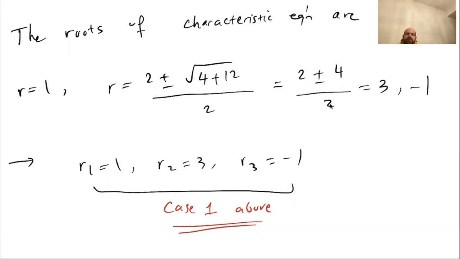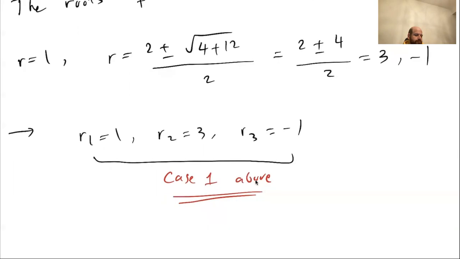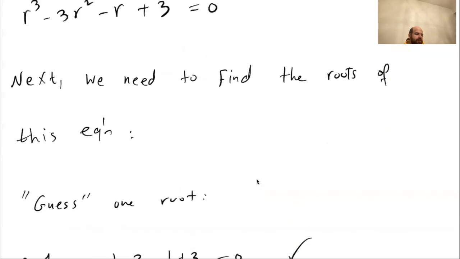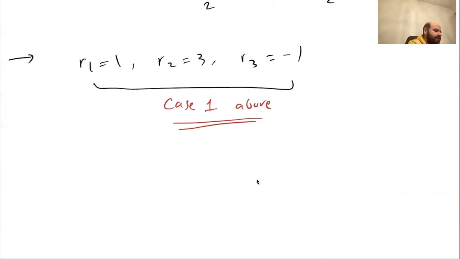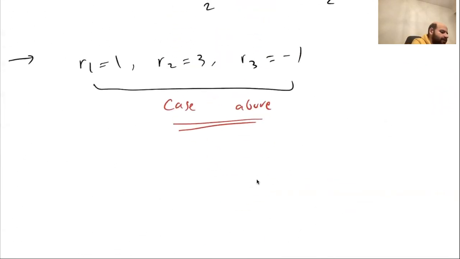Each of these roots occurred only once: 1 occurred once, 3 occurred once, minus 1 occurred once. So 3 simple roots, 1, 3, and minus 1, for which we already covered the recipe and the algorithm in case 1.